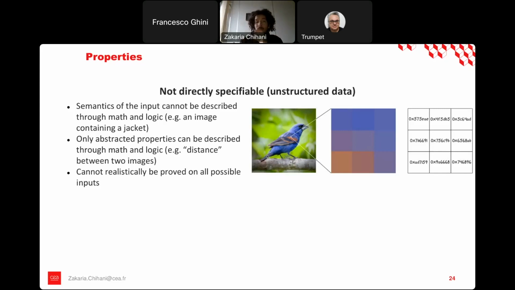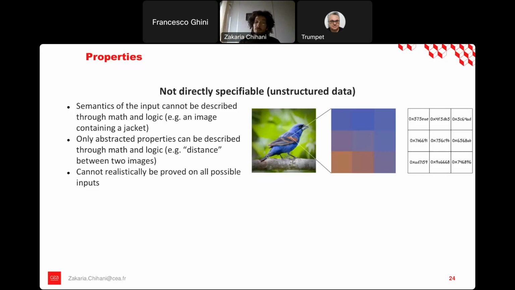And so with this type of inputs, for example, you cannot describe a property that says if the car sees a pedestrian, then it should stop, because a pedestrian is an emergent concept of a collection of pixels.